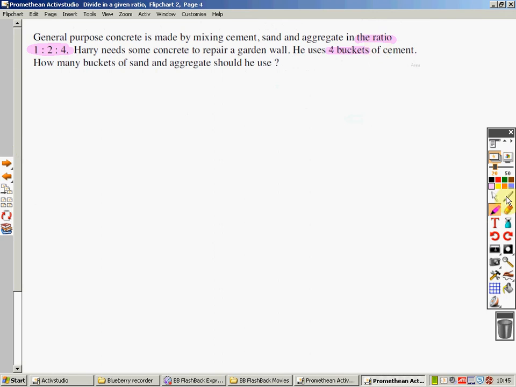Okay, well I've identified it's a dividing in a given ratio, so the first thing I'm going to do is write down my ratios, 1, 2 and 4. I'm going to stick with the same method of the grid that I had before.